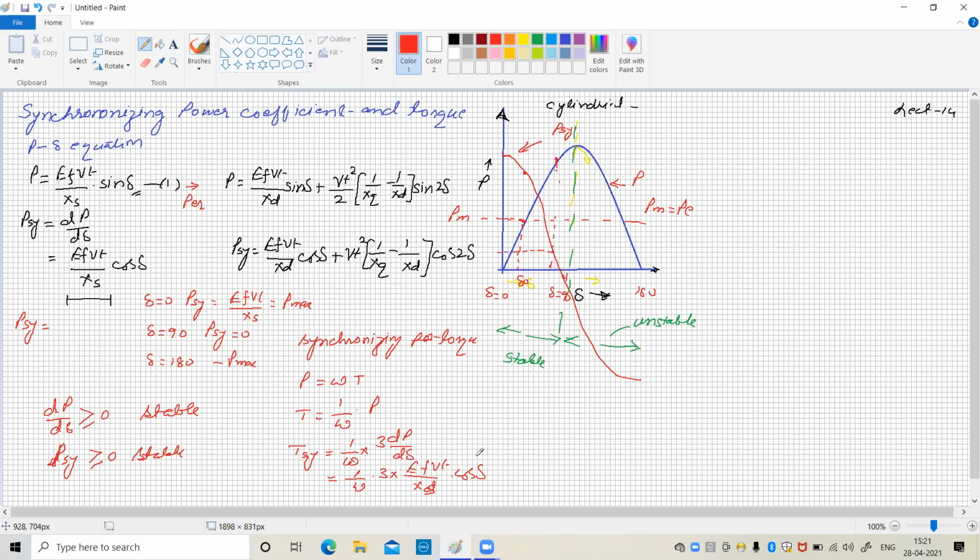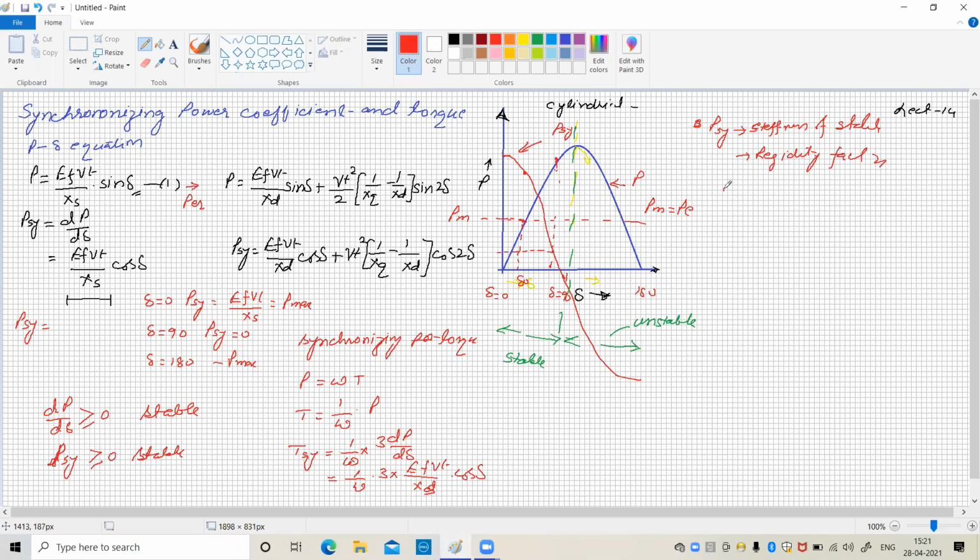Now, the synchronizing power coefficient PSY is also called a stiffness factor, or coefficient of stability, or the rigidity factor. Why is it called a rigidity factor?